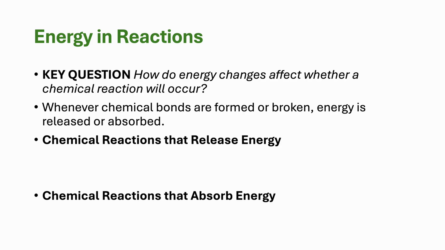So when we're talking about energy and reactions, how does energy change affect whether a chemical reaction will occur? Whenever chemical bonds are formed or broken, energy is released or absorbed. Now, chemical reactions that release energy often occur on their own.